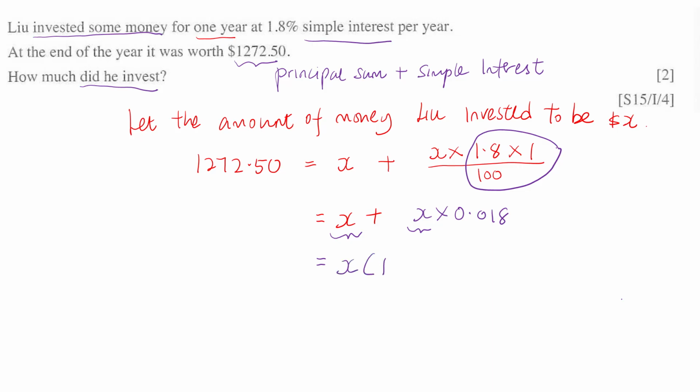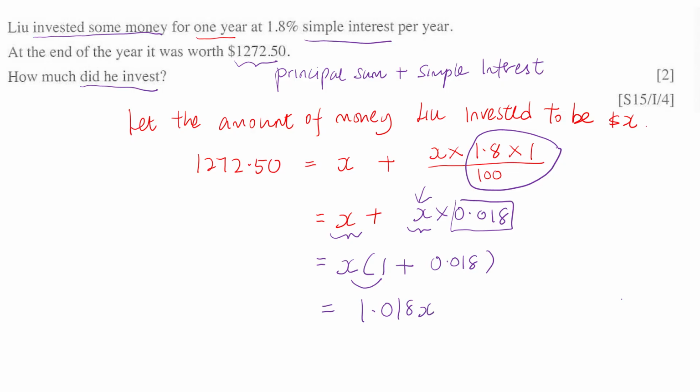You will have 1 here, because X times 1 gives you X, plus 0.018. So using the calculator again, 0.018 plus 1 gives you 1.018 times X. So that will be 1.018X.